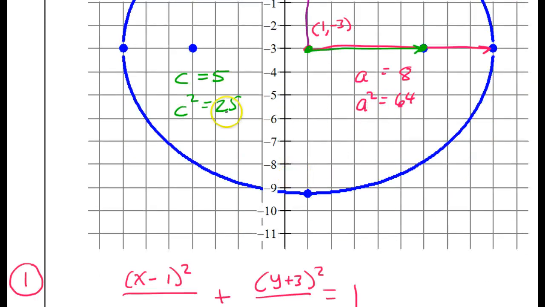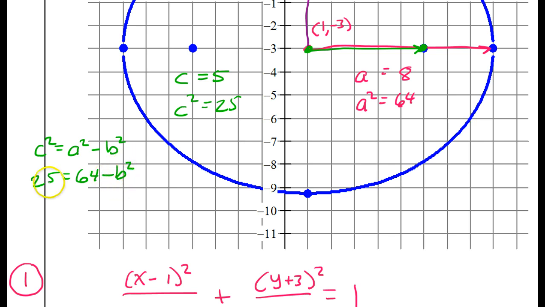If I have a and c, I should be able to figure out what b is pretty easily, because we know that c squared is equal to a squared minus b squared for ellipses. So that means 25 is equal to 64 minus b squared.